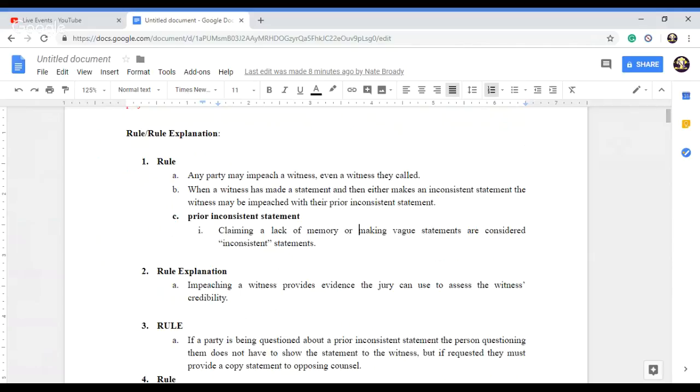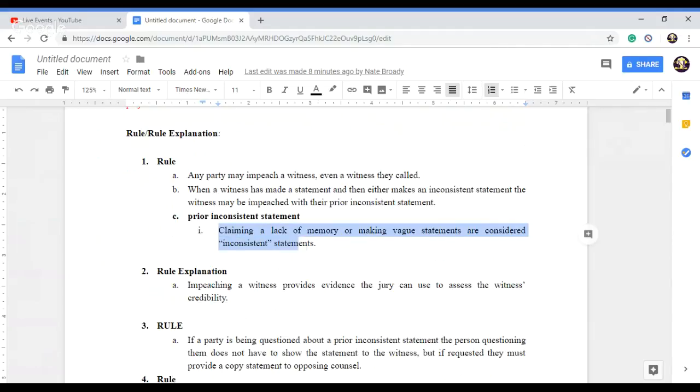She has given us the rule for impeaching a witness for prior inconsistent statements, and then defined what a prior inconsistent statement is. That is the first part of the rule. Now, there are no numbers for the FRE in here. This is not a direct copy and paste from the actual Federal Rules of Evidence. This is how the professor understands the rule, and she has given us an understanding of what a prior inconsistent statement is.